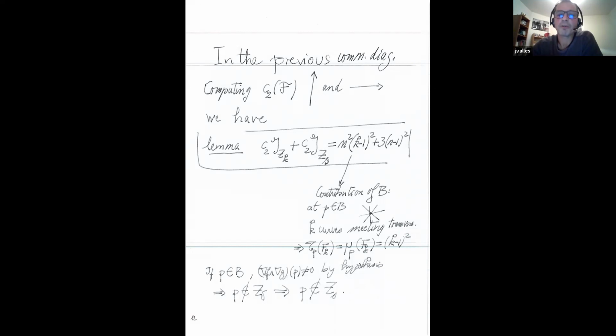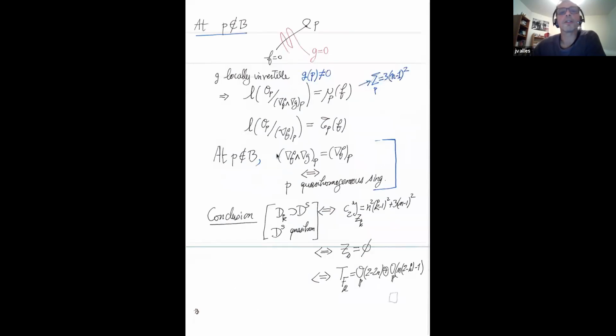And as I said before, any curve of the pencil is smooth at B. So this one does not vanish at B. And then it means that P is not in the singular locus of F. And if it is not in the singular locus, it is not in zeta S. So this contribution n squared (k-1) squared, as I said, is completely inside zeta k in the Jacobian ideal.